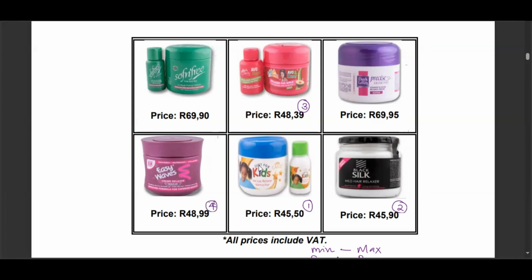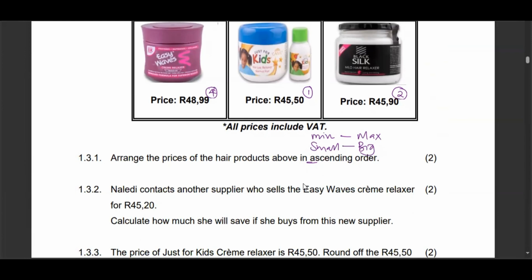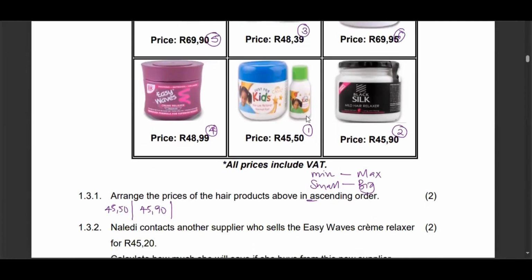Number 4, followed by number 5 is this one, and lastly. So in ascending order, this is going to be easy. We'll start with 45 rands 50 cents, followed by 45 rands 90 cents, followed by 48 rands 39.